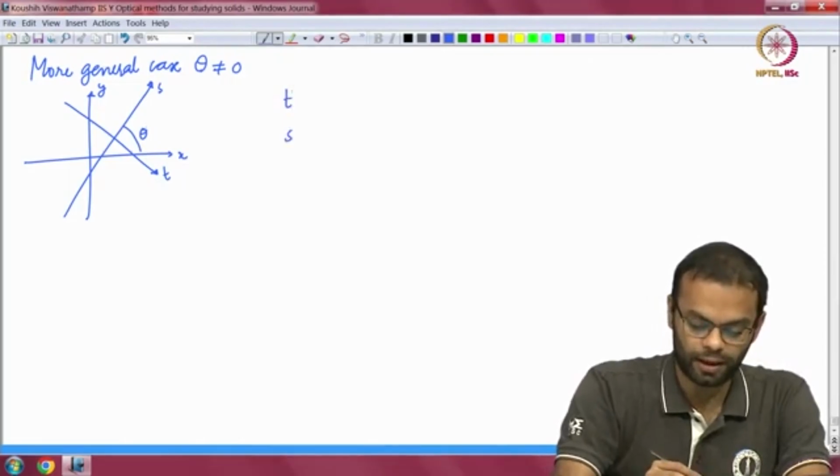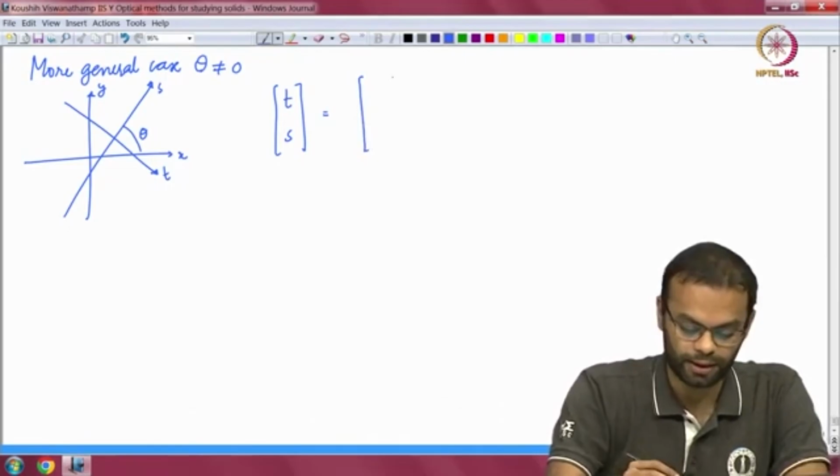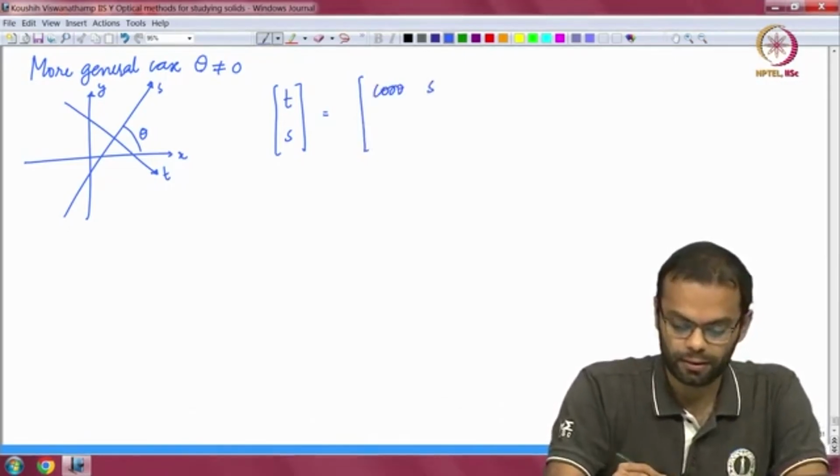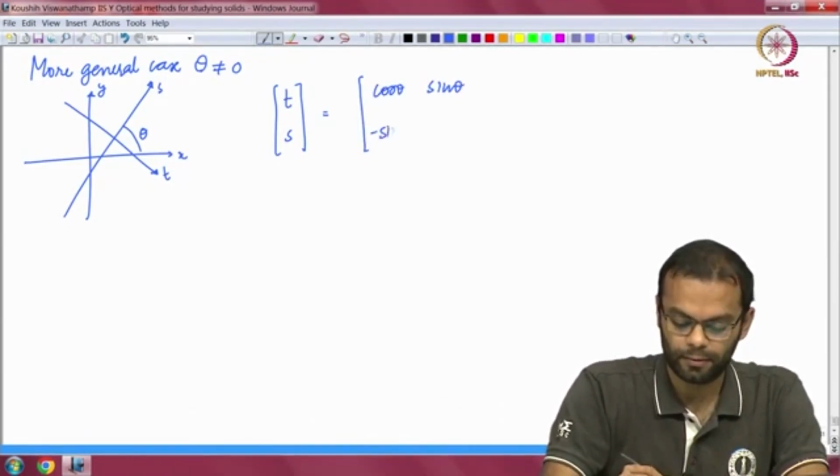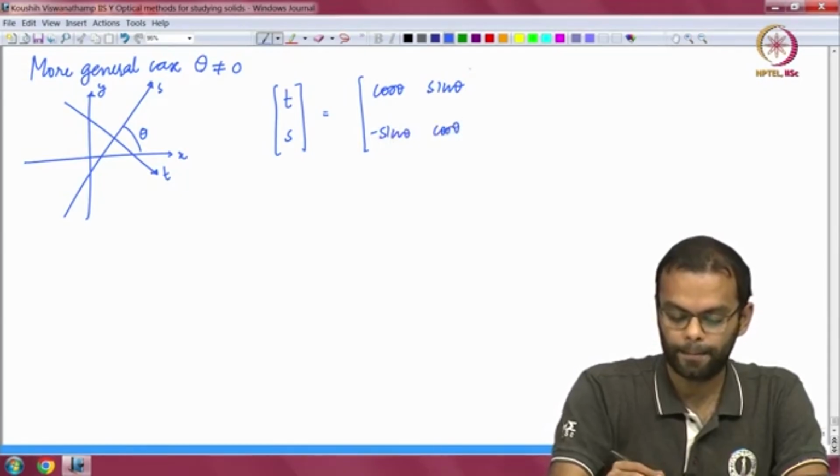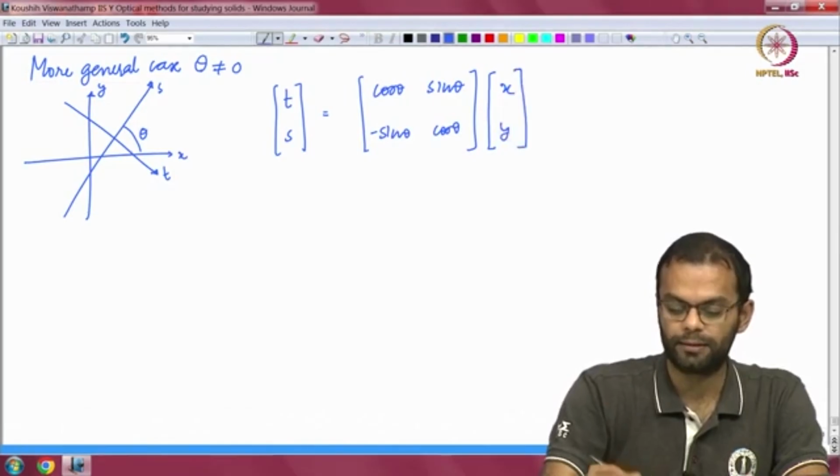So, you can in general convert the t, s coordinates using a rotation matrix in terms of the x, y coordinates.